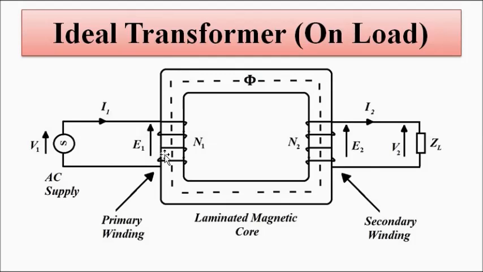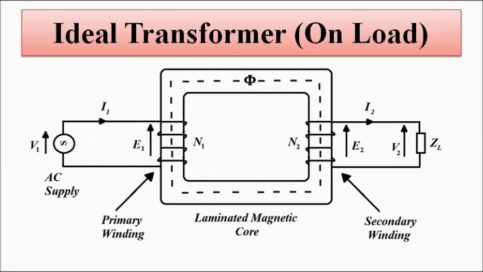So to counterbalance this secondary MMF, N1I1 is exactly opposite to that of this secondary MMF. So I1, the primary current, and the secondary current I2 are anti-phase with each other. They are equal in magnitude but opposite in phase.